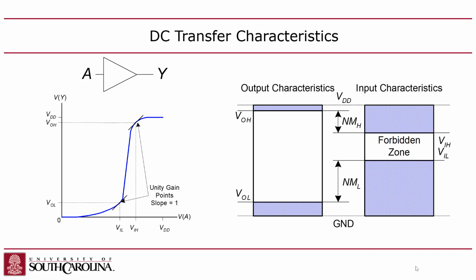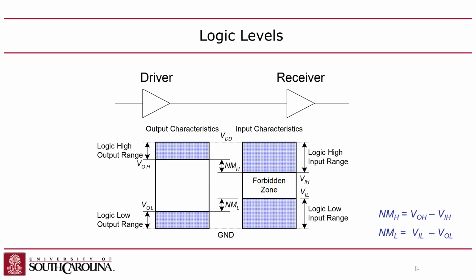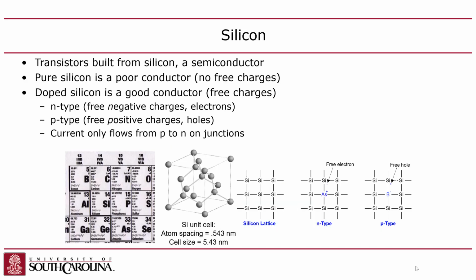Does that make sense? Okay. So we have some terminology here: VIH, VOH, VIL, VOL, and then noise margin low and noise margin high.